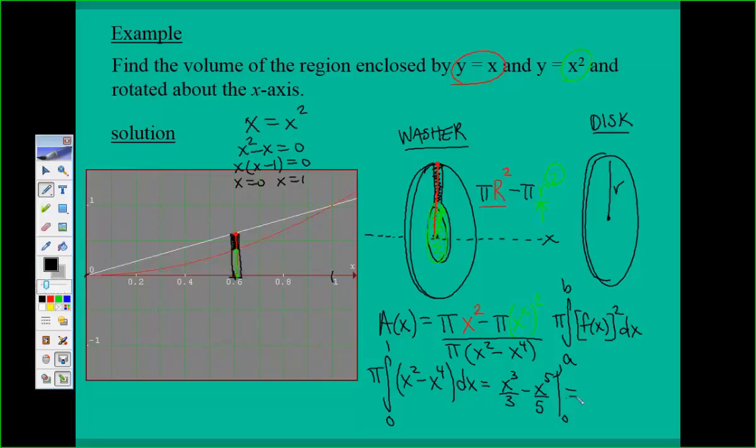So that would give us 1 cubed over 3 minus 1 to the 5th over 5 minus 0, and I have to bring the pi along also. So we would have 2 pi over 15, and our units would be cubed. So that would be our volume.